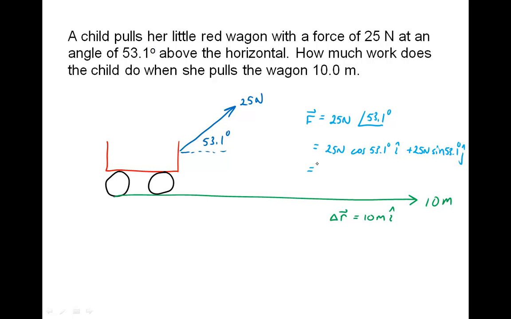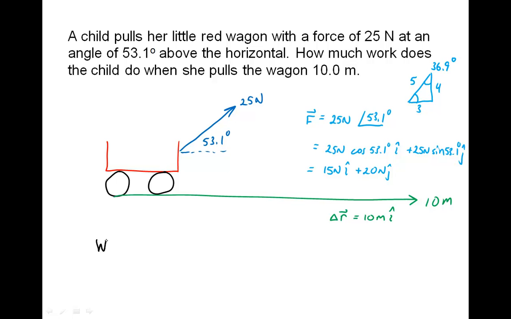And that turns out to be 15 newtons in the i direction plus 20 newtons in the j direction. I'll remind you that triangle, as we use a lot, this is a 3, 4, 5 triangle, and that angle between the 3 and the 5 is just 53.1 degrees. The angle here between the 4 and the 5 is 36.9 degrees. Those are angles that we'll use quite often.